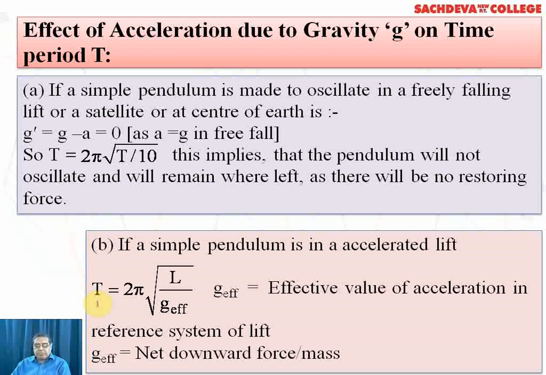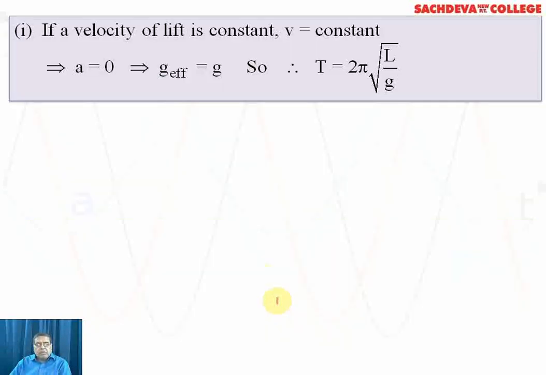So if a simple pendulum is in an accelerated lift, then T will be 2 pi under root of L over g, and this g will be the effective value of acceleration due to gravity with reference to the system of lift. And g effective is equal to net downward force divided by mass. Force over mass is always acceleration.